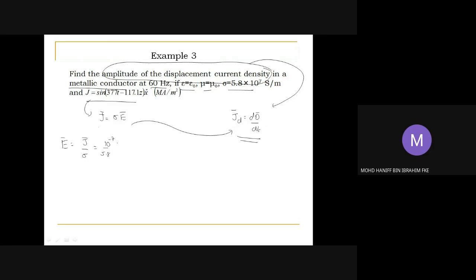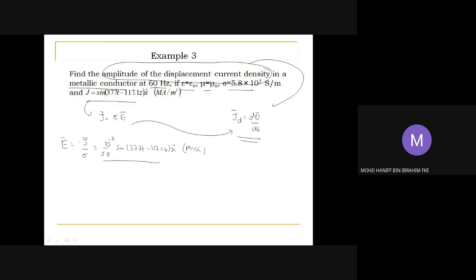And then we have sine of 377t minus 117.1 Z, in the direction of x. So that should be my E field, which is in megavolt per meter, because the J is in mega ampere per meter squared.